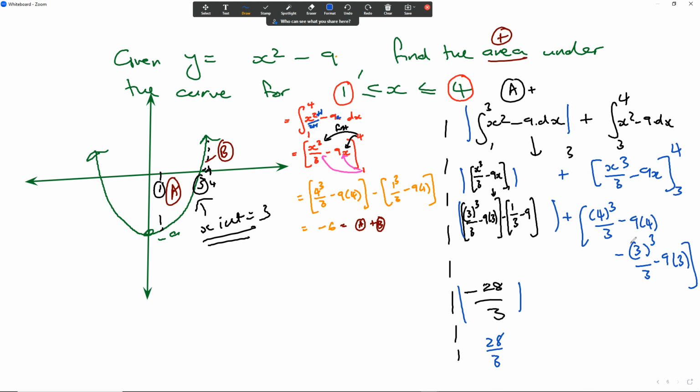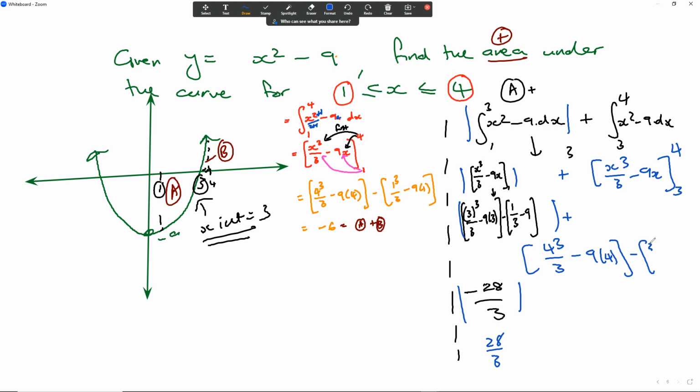Let me just rewrite it over here. Basically, 4 to the power of 3 over 3 minus 9 times 4 minus 3 to the power of 3 over 3 minus 9 times 3, like that. Putting that on a calculator is going to give me that small area B, because that's what I want.